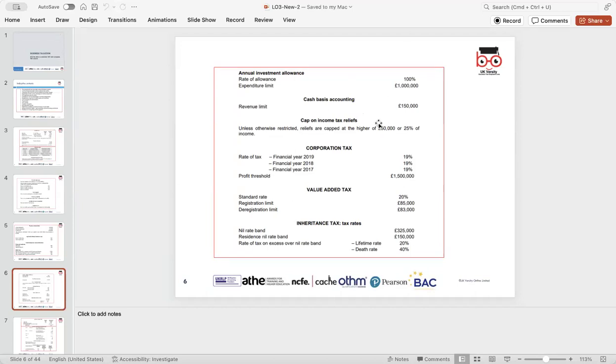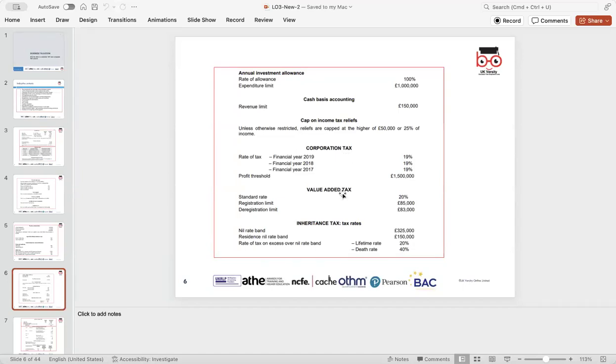A cap on income tax relief. Corporation tax is the tax applied on the profits of companies for the financial year 2019. The corporation rate is 10%. This applies to profits up to 150,000 pounds.